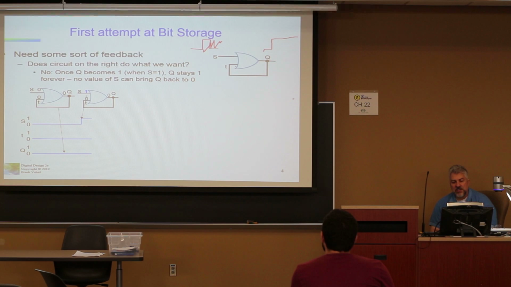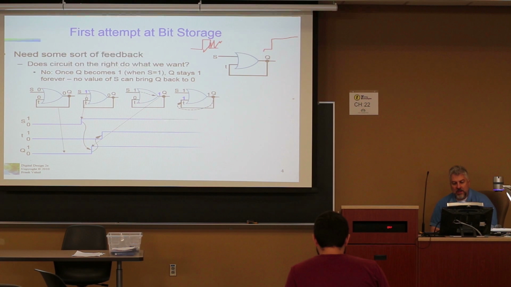Well, here is an example of how we actually have this operate. Remember, there's always a slight gate delay from when it goes in. And once you take it from S to 0, it doesn't matter what happens, it will always be 1 because this T will always be 1.